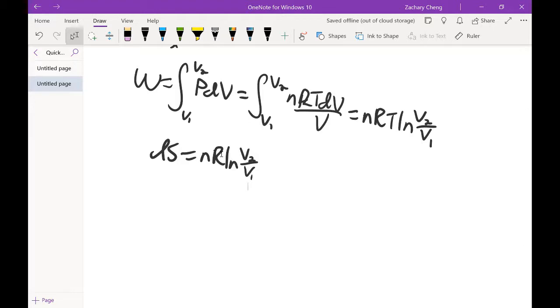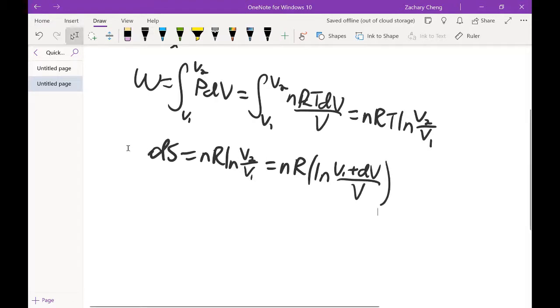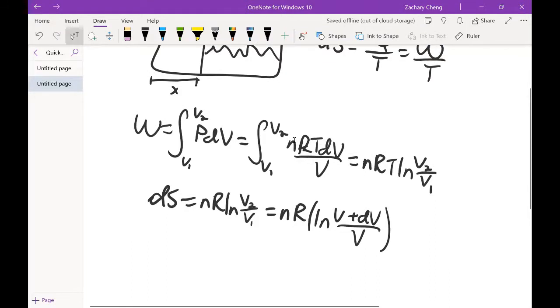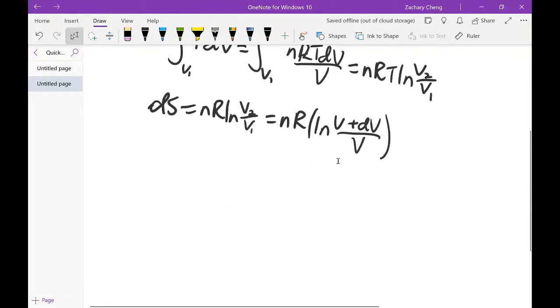So then in this equation, it would be equal to nR times log of V plus dV over V, where V is the original volume here. There's no need for this V1 actually.